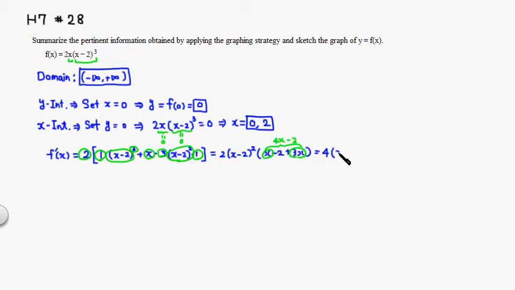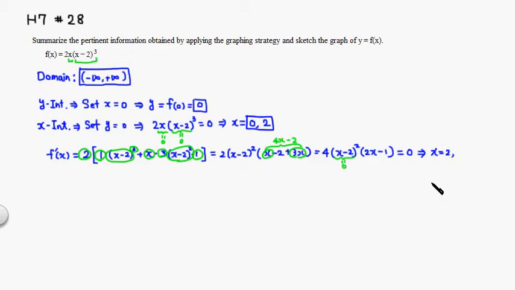Then you have quantity x minus 2 squared, and then 2 is factored out, so you have 2x minus 1. Then we're going to set that equal to 0 to find the critical values. By setting x minus 2 equal to 0, we get x equals 2.